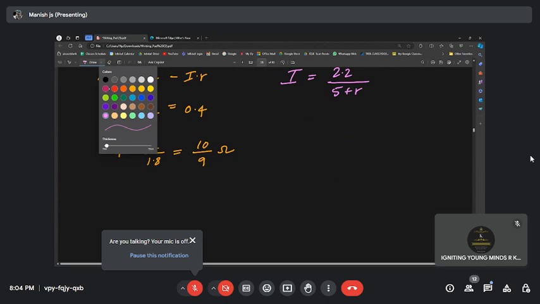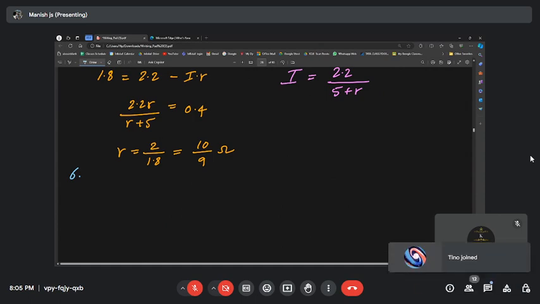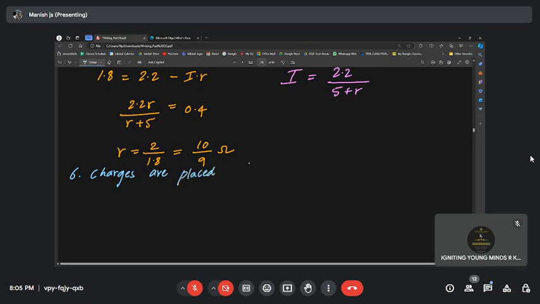Question number 6. Charges are placed at the corners of a square of side a, as shown.